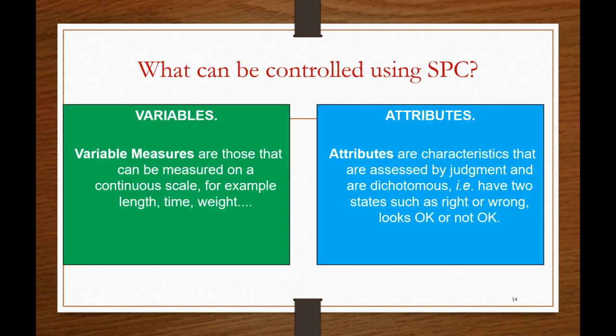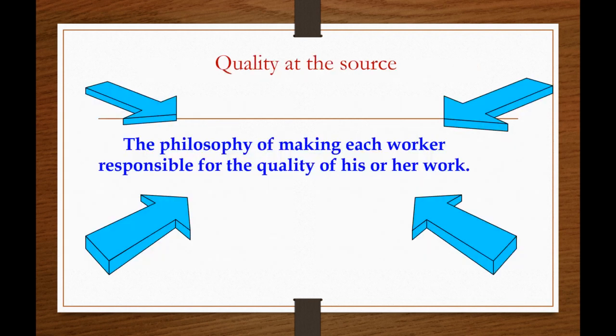What can be controlled using statistical process control? The variables like length, time, weight, which are measured on a continuous scale, and attributes, the characteristics that are assessed by judgment and are dichotomous because they have only two states, either right or wrong, or okay or not okay.